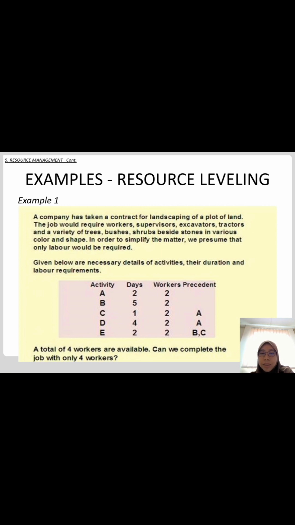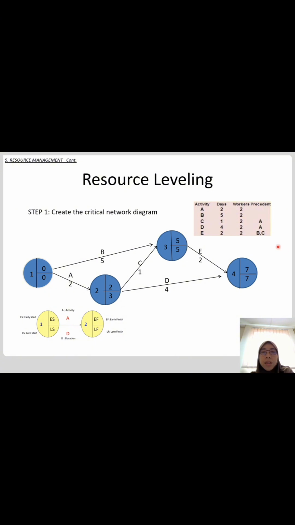So let's do the example. Step number 1, A and B have no predecessor.